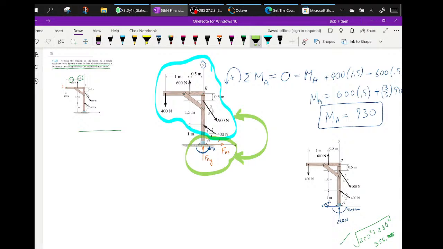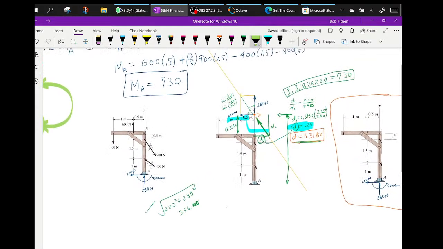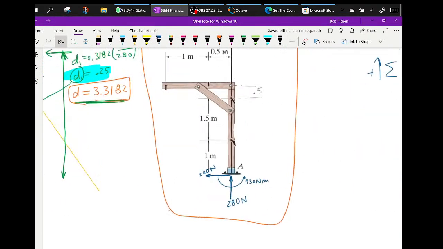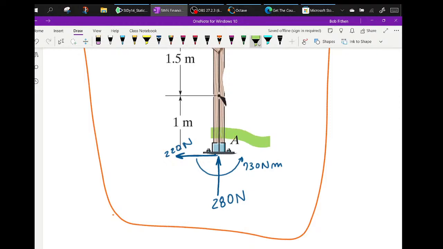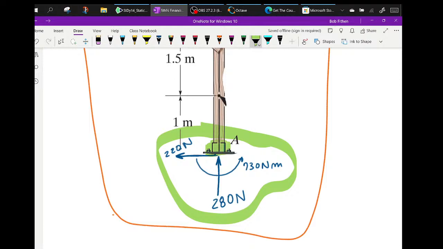So either or. Newton's law says every action comes with an equal and opposite reaction. This means you can use this to answer this problem, or you can use this to answer this problem. But along the way, this is what the engineer is interested in finding out. What is the reaction at A? Because I got to build a piece right there to hold it. And so there you go. That's the end of the lecture.